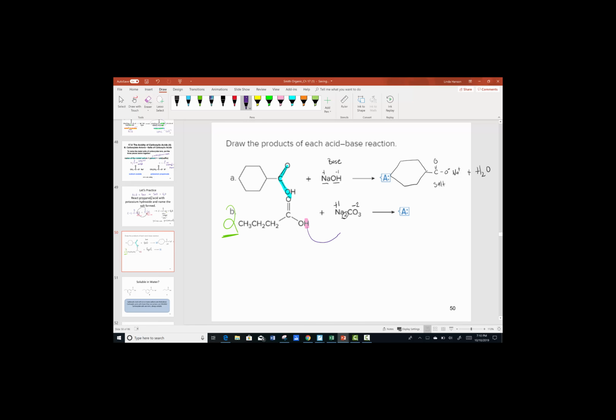Over here, when the hydrogen attaches to the carbonate, H is a +1. Carbonate is a -2, so we need 2 units to balance that electrically. And then here, Na2, this would be the H2CO3, which is just a little different than making the water because we had a different anion. We had carbonate.